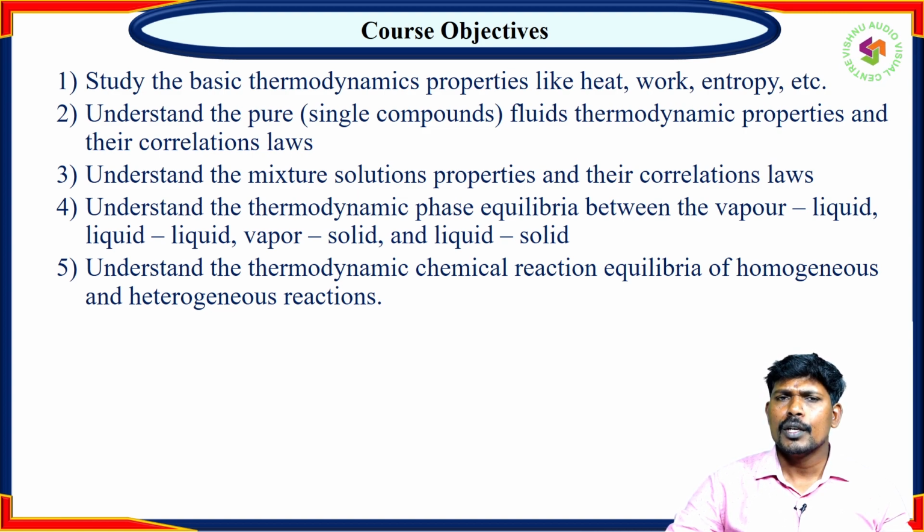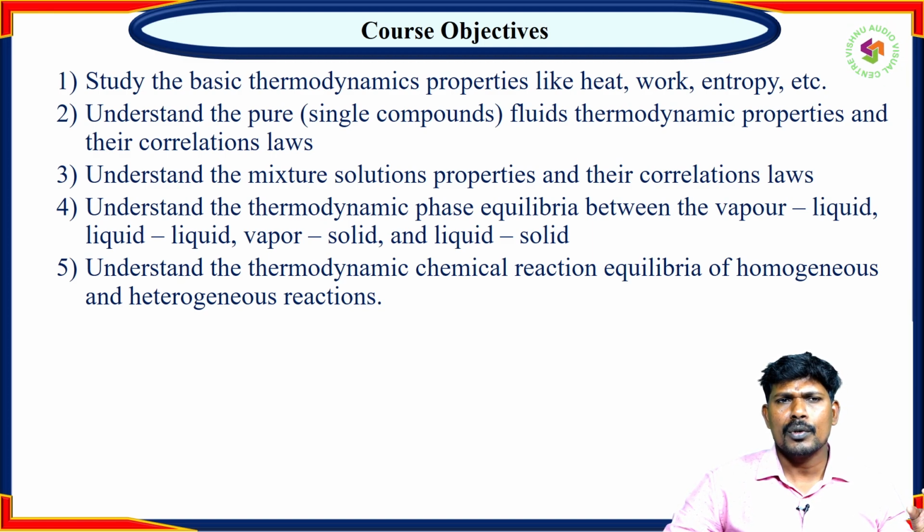In the fourth unit, we are going to understand what phase equilibrium is, how to develop or achieve it, and how to inhibit it. In the fifth unit, we are going to learn chemical reaction equilibrium for homogeneous and heterogeneous reactions.